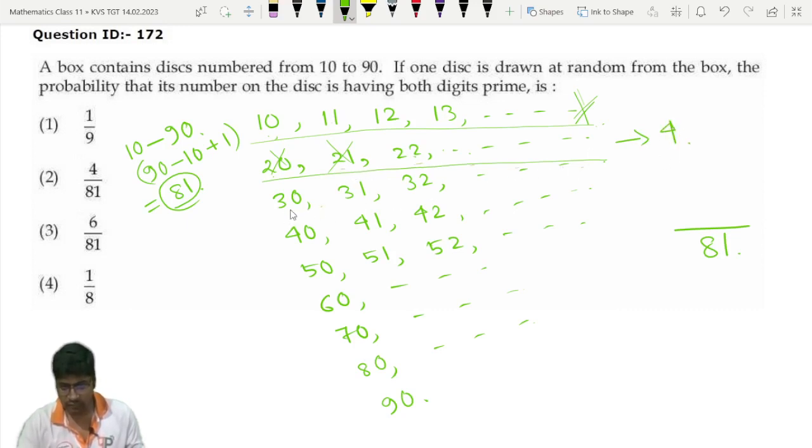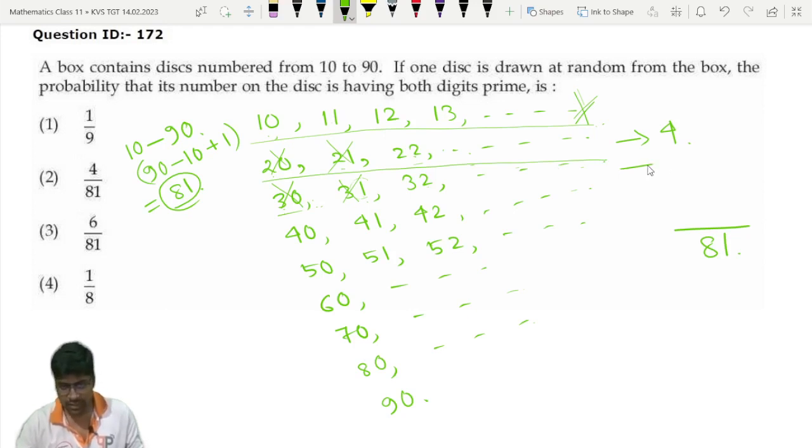Now come to the next row. 3 is a prime anyway, but 3 0 is not a number under our consideration. 3 1 is not under our consideration because 1 is not a prime number, but 3 2 will work, then 3 3, 3 4 will not be, 3 5 will be there, 3 6 is not, 3 7 will be there, 3 8 will not be, 3 9 will not be.